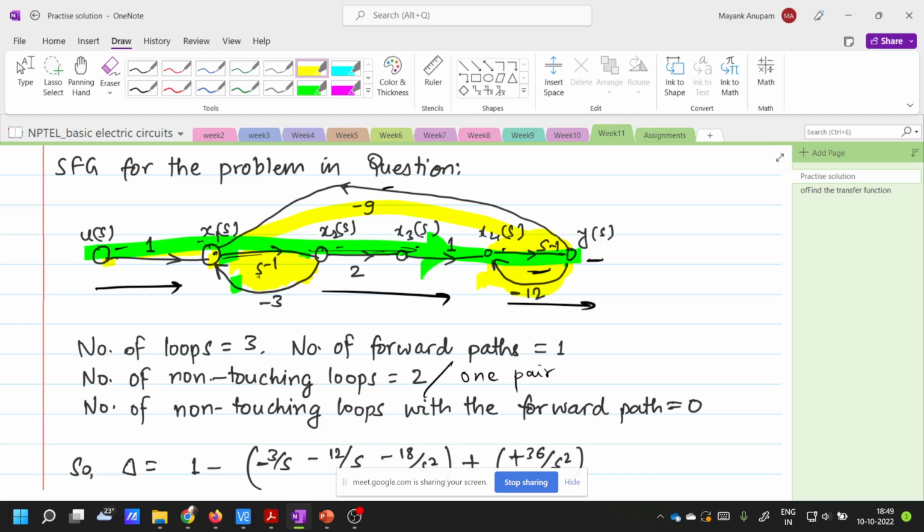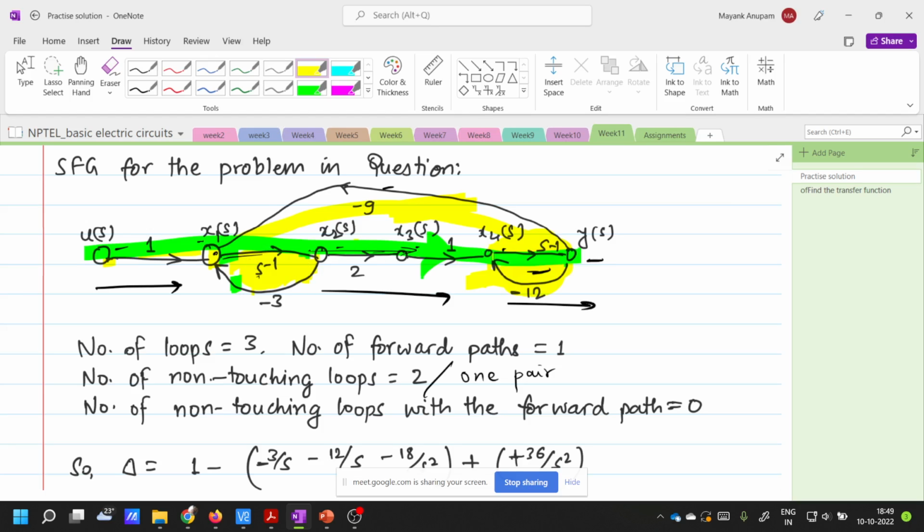But all these three loops have some nodes in common with this forward path, right? This loop contains x1 and x2, and this is also contained in this forward path.